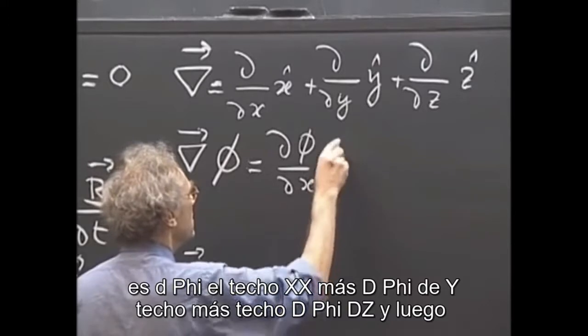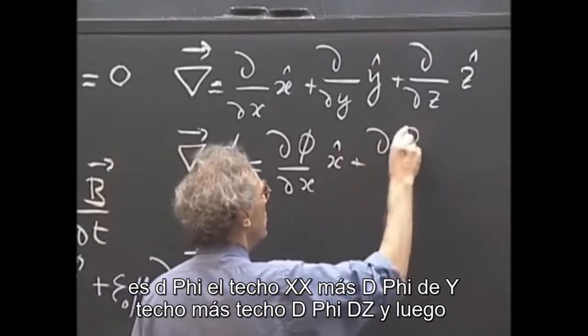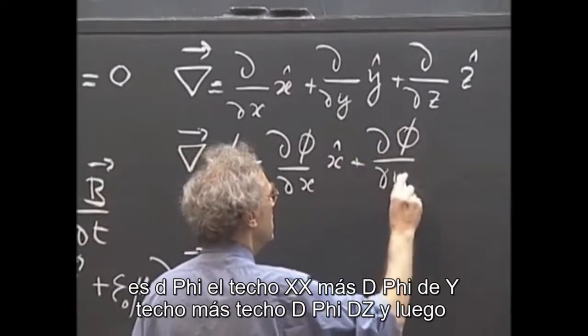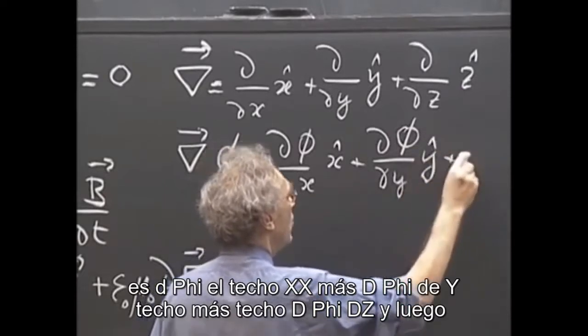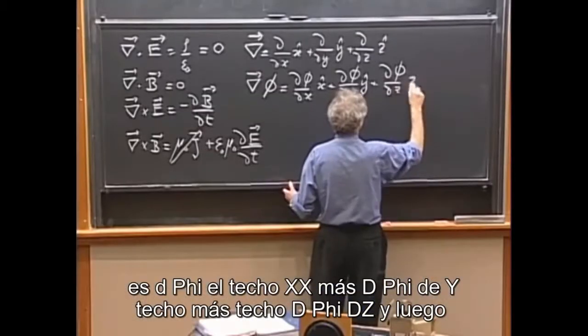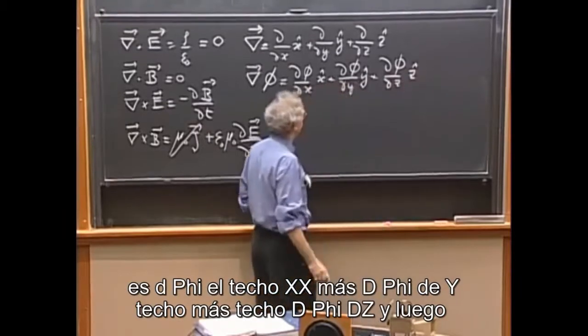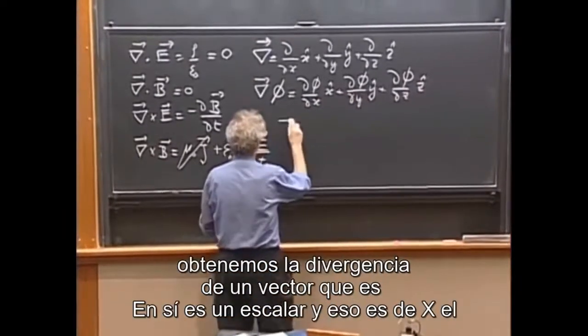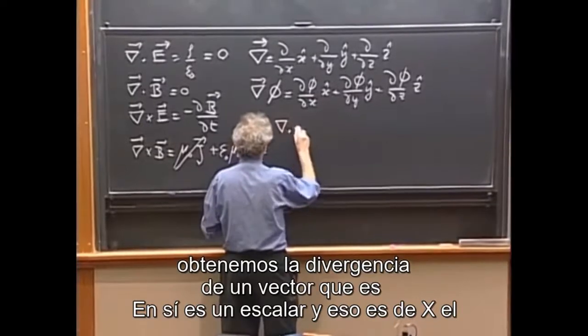That's a vector: dphi/dx x-hat plus dphi/dy y-hat plus dphi/dz z-hat.